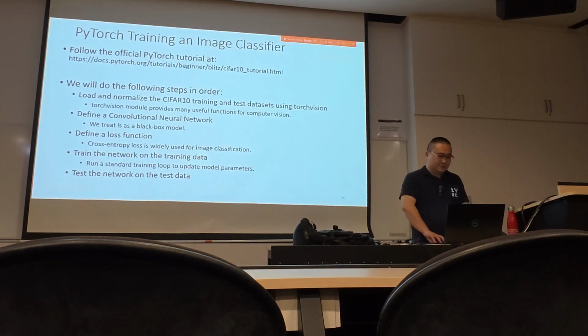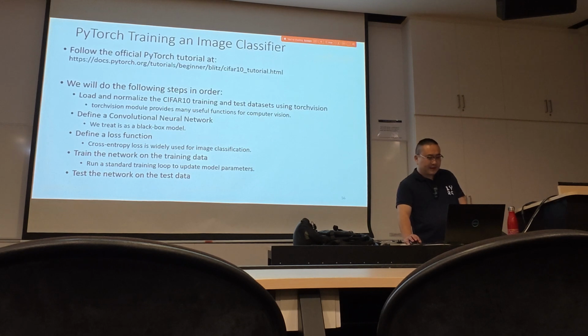Here we can go through a simple tutorial to train your classifier. This tutorial is based on the PyTorch tutorial. So if you do not have an AI background, in your free time you can invest your time on the official website. There are a lot of free tutorials on using PyTorch for beginners. In this simple example, we will do the following.